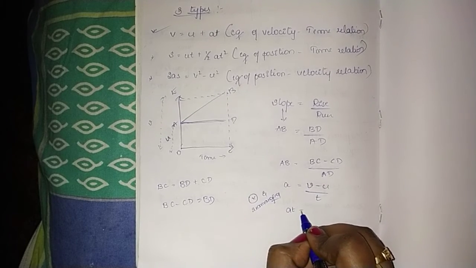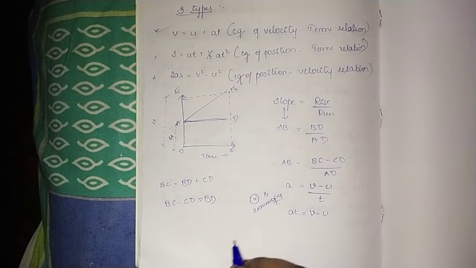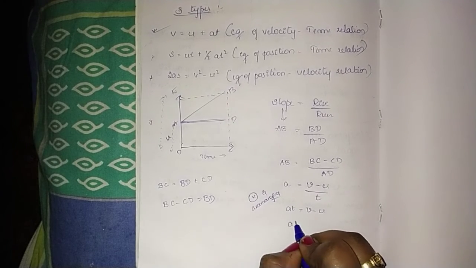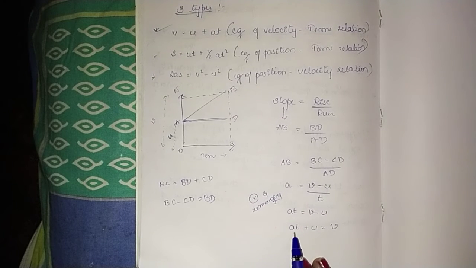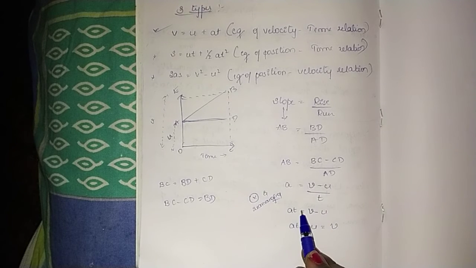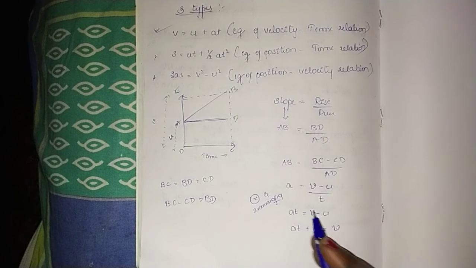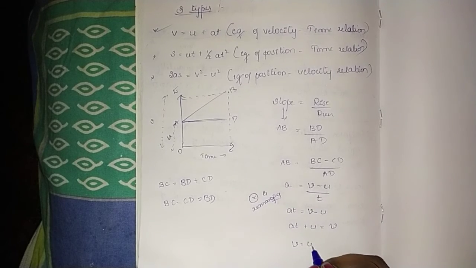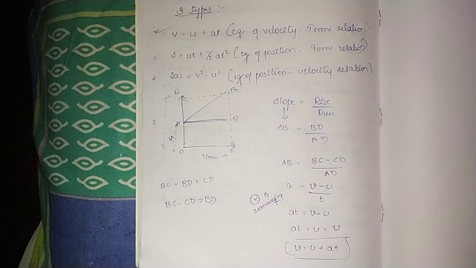AT equals V minus U. So AT plus U equals V. We need velocity, so we write AT and take this minus U, which becomes plus U when it goes to the other side. So AT plus U equals V. Just rearrange: V equals U plus AT. Clear? You got the answer?